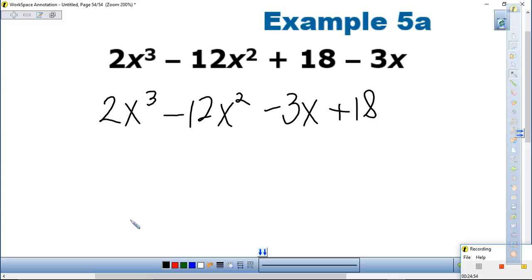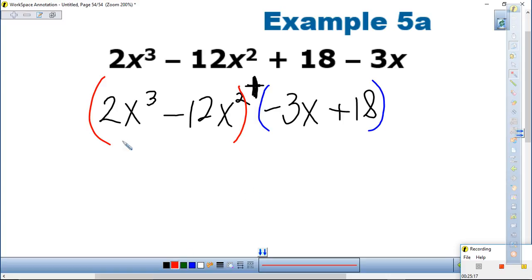All right, let me group these first 2. But look here, this dilemma. This is the first time we have a negative here in the middle. I'm going to include it with the third term. But if I do that, I need to put a little plus in between these two parentheses, because we're not multiplying yet, right?